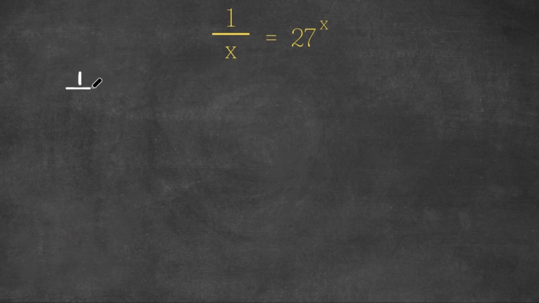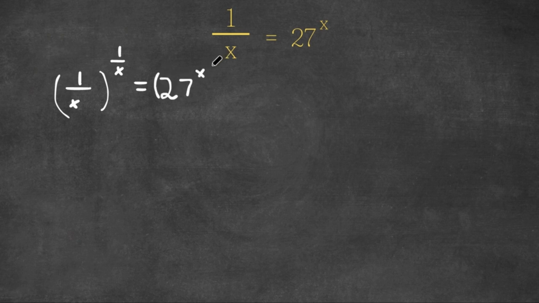So now we have (1/x) to the power of 1/x is equal to (27^x) to the power of 1/x.